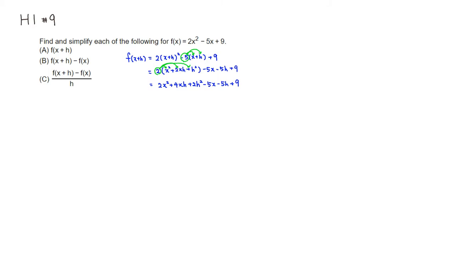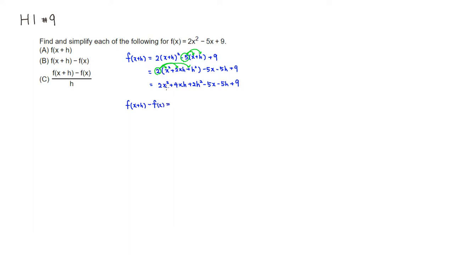For part B, all you have to do is subtract f of x from the answer from part A. So part B is f of x plus h minus f of x.